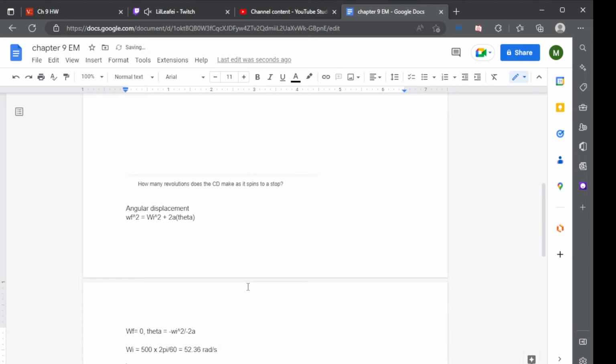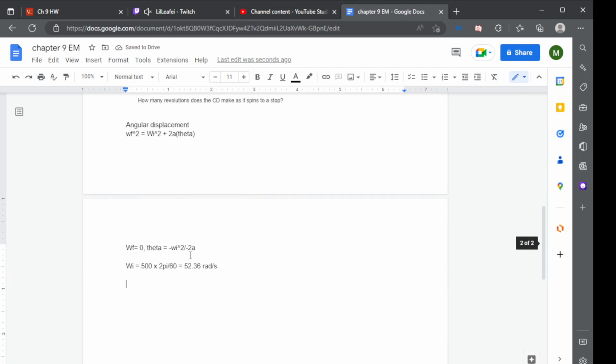So now we're going back to our formula. The negative W I squared divided by negative 2A will be negative 52.36 squared divided by negative 2A.